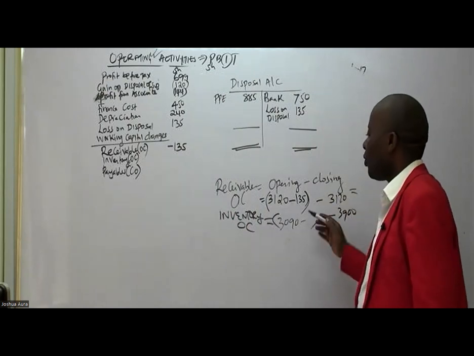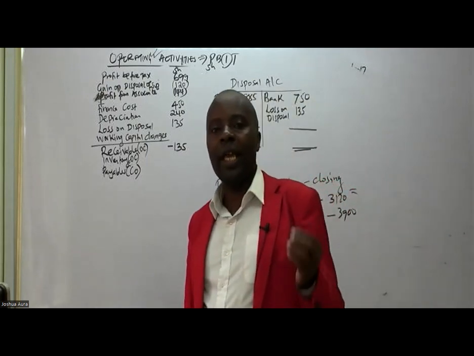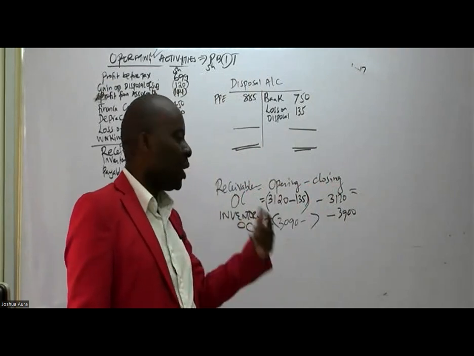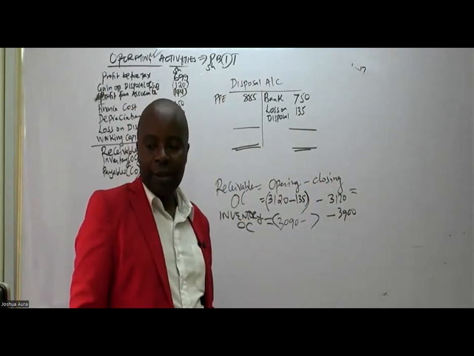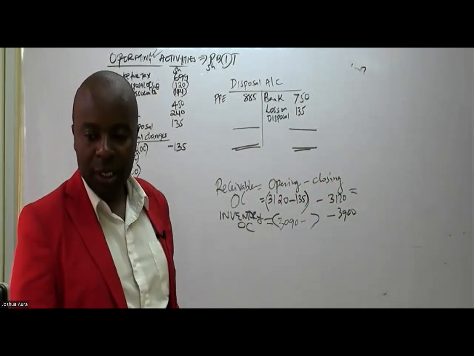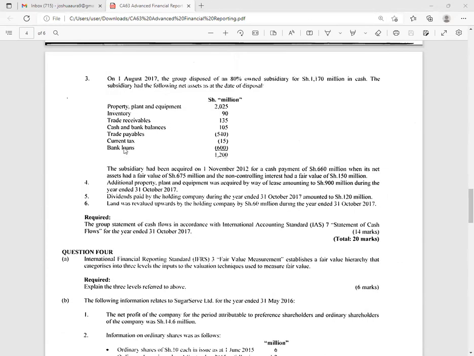The something is for us to ask ourselves whether the subsidiary we disposed of went away with any inventory. Are you able to see the disposed subsidiary's inventory? It is 90 bob.